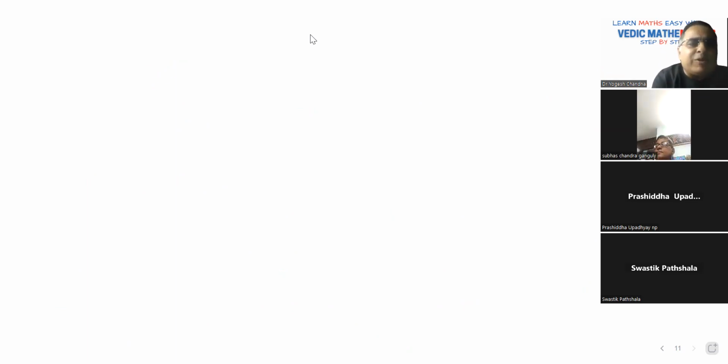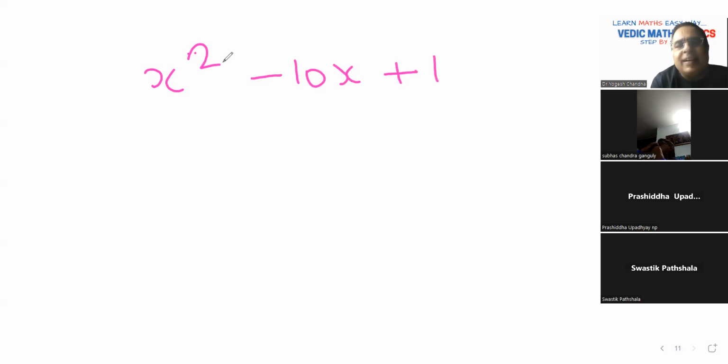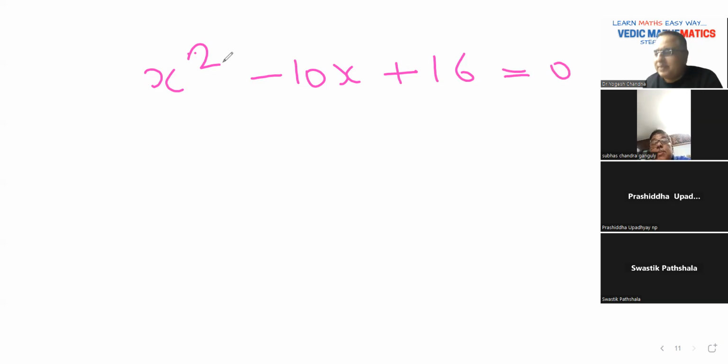Let's say, okay, you try to solve this. Let's see how many of you are able to solve this. So how can you get 16? Very simple. 8 and 2.